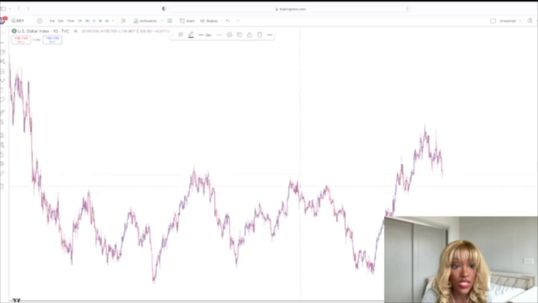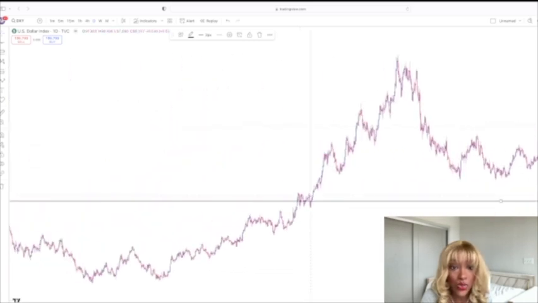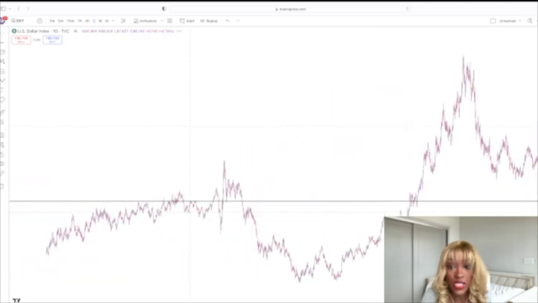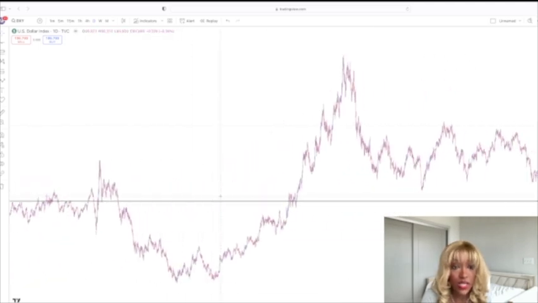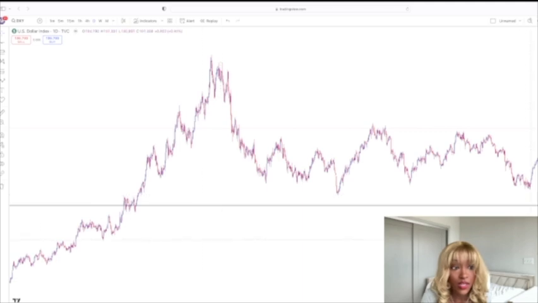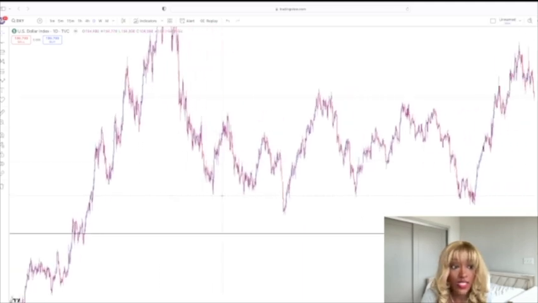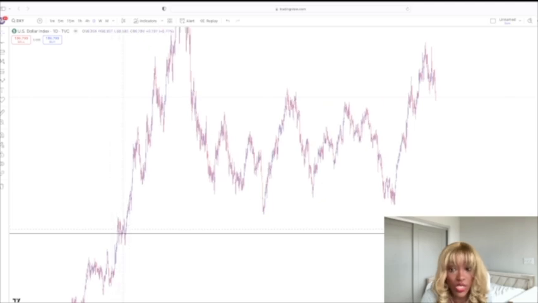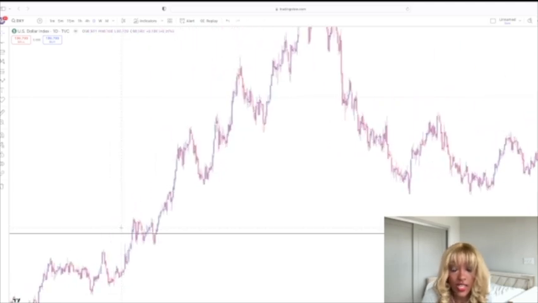And then finally, in 2022, price has stayed above. So I would say this is a pretty good resistance area. It has not touched since 2022 for me to say that it's truly a reliable support area.